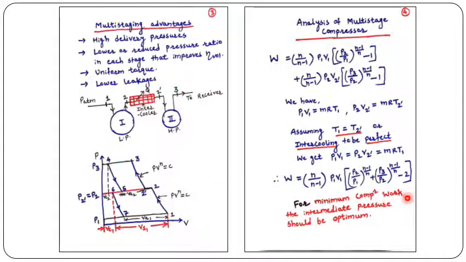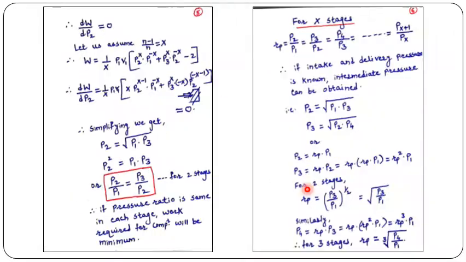So, for minimum compression work, the intermediate pressure should be optimum, and to obtain that optimum intermediate pressure, I differentiate work done with respect to P2 and equate it with 0. So, that I will be doing now.